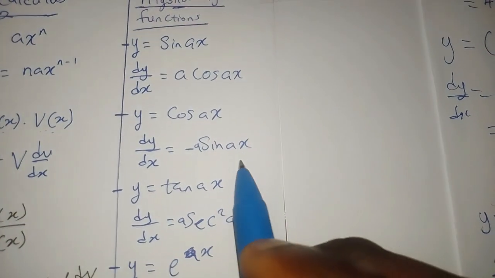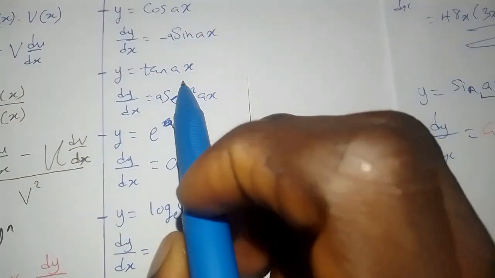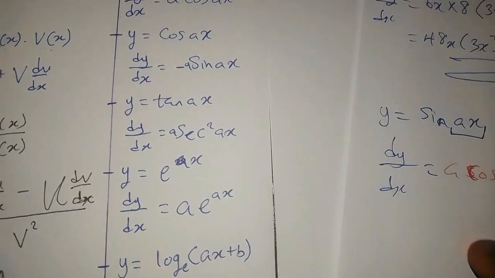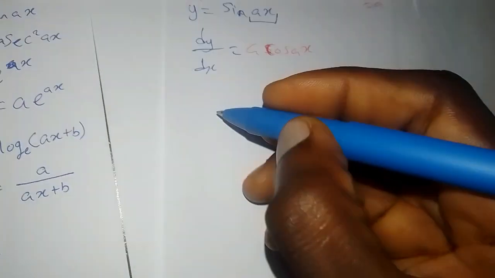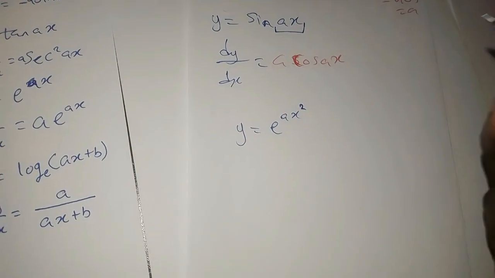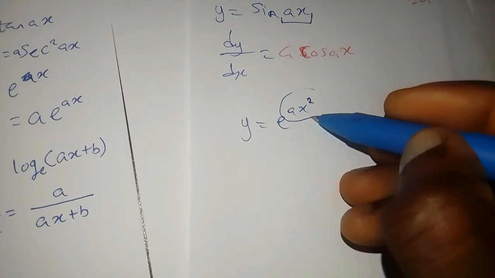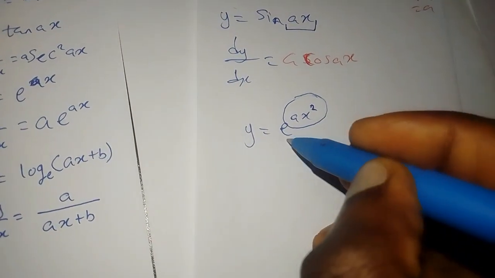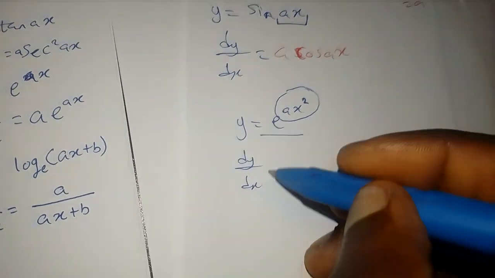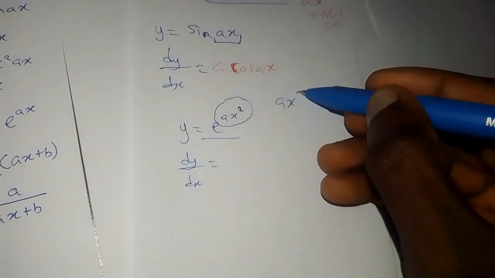If I differentiate tan also, I'm going to have a sec² ax. If you now differentiate an exponential function, that is if y equals exponential of any value, how can you differentiate this kind of thing? It's very simple. Just differentiate what you have as your power, then use it to multiply the whole thing. So dy/dx in this place will be, if I differentiate ax², I'm going to have 2ax.